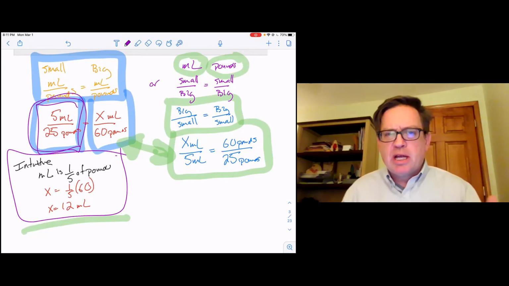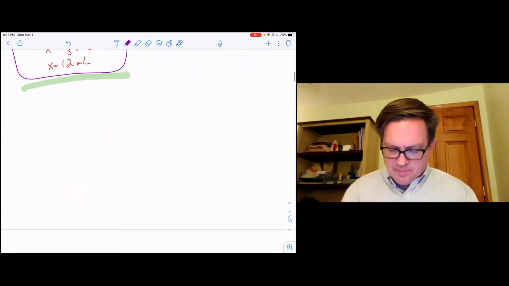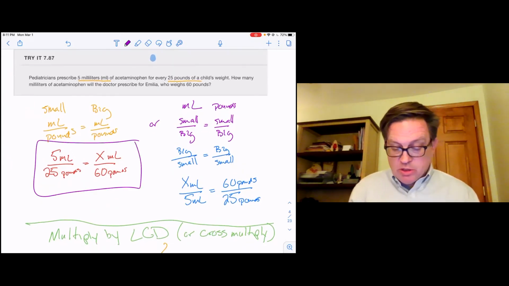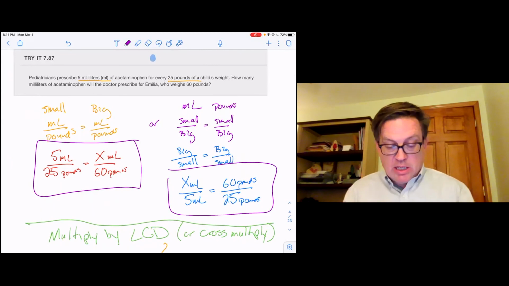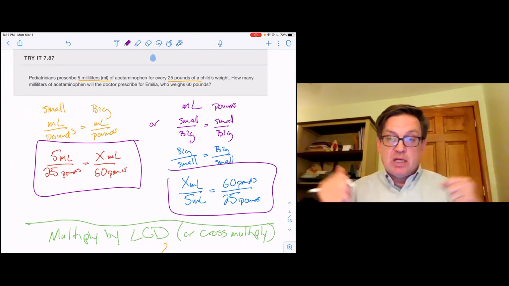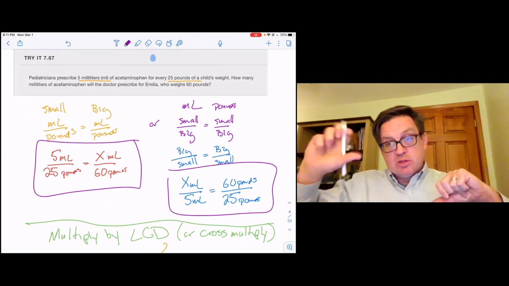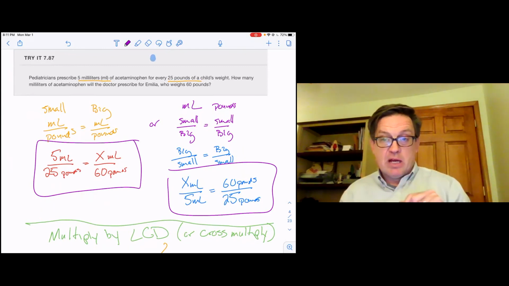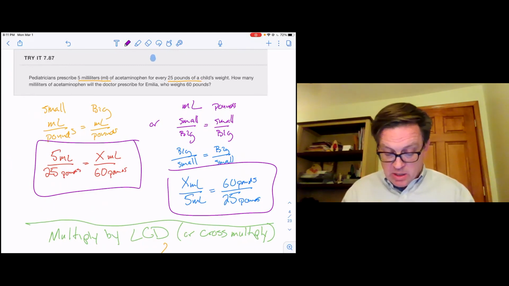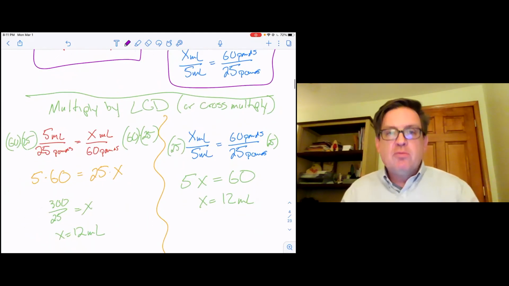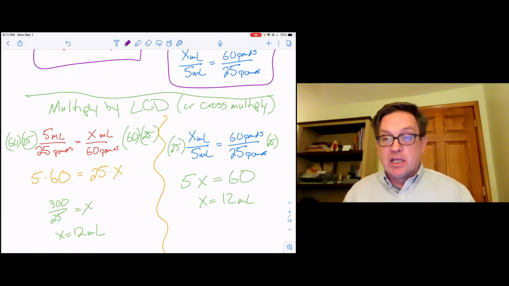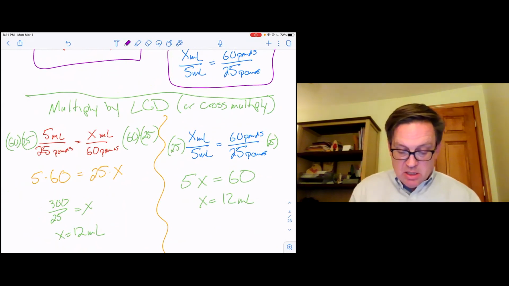How do you solve these algebraically in case the numbers don't work out so nice? Well, what you can do is take those same ratios that we had before, either the ratio in the small side equals the ratio in the big side, or the ratio of the milliliters equals the ratio of the pounds, whichever way works. And you multiply by the least common denominator to clear denominators, which often is essentially cross-multiplying in some of these simpler cases.